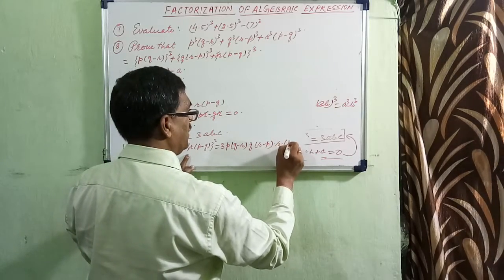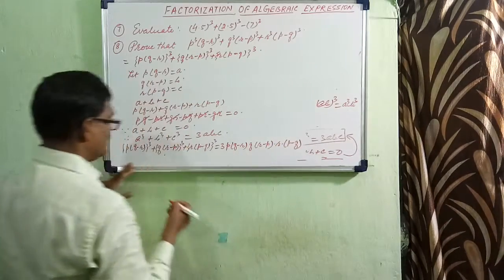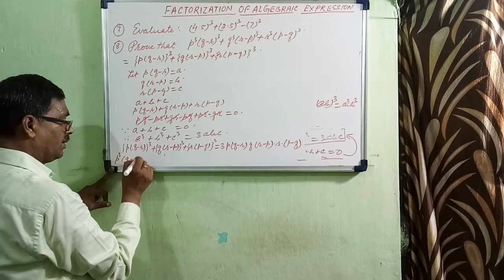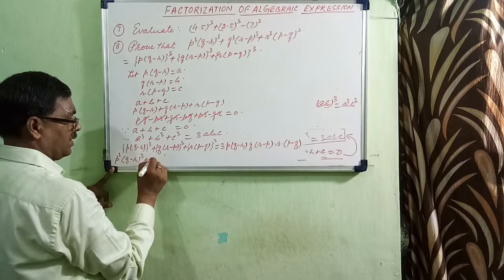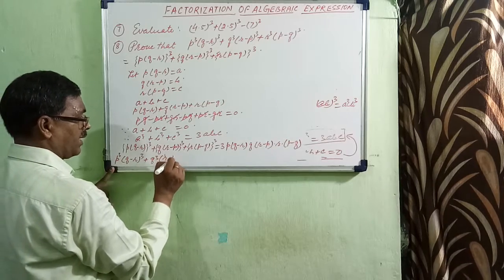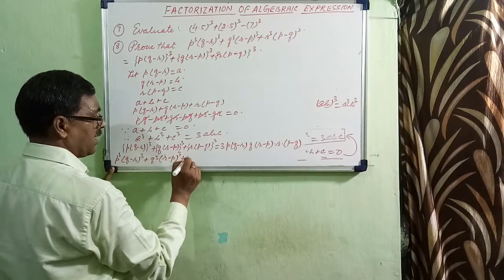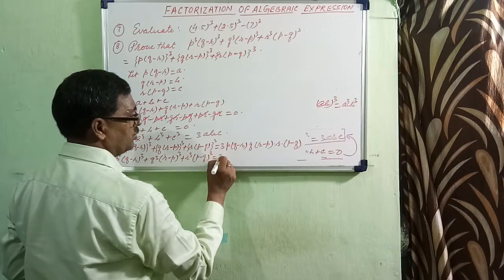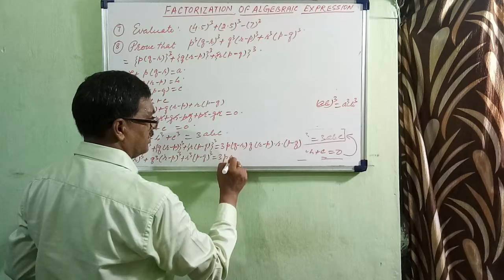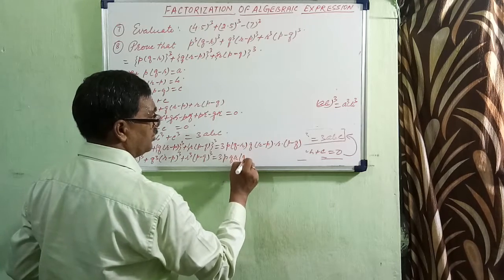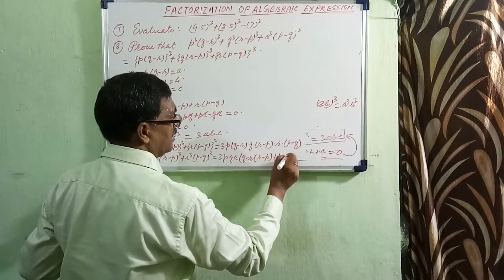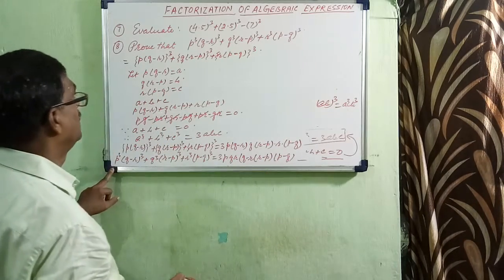R into P minus Q. So it will be taken in the original form, P cube into Q minus R whole cube plus Q cube into R minus P whole cube plus R cube into P minus Q whole cube is equal to 3PQR into Q minus R, R minus P, P minus Q. What was your RHS?